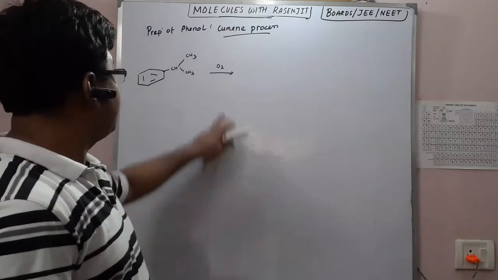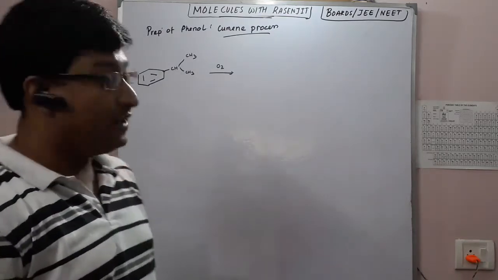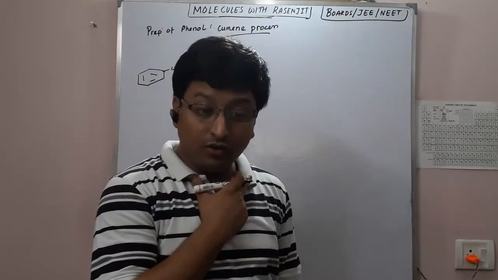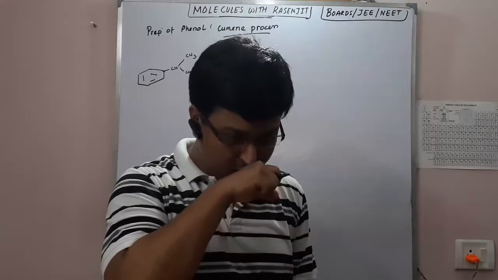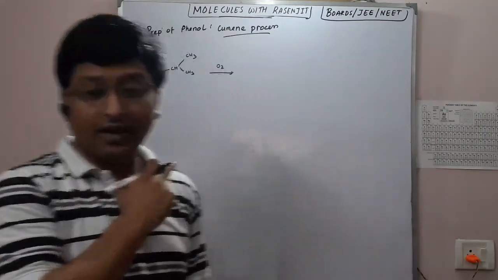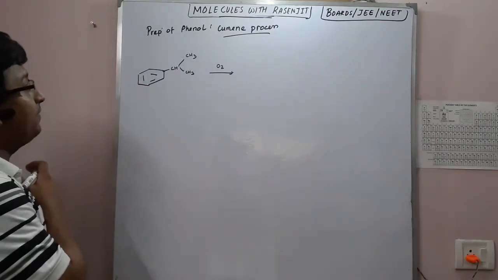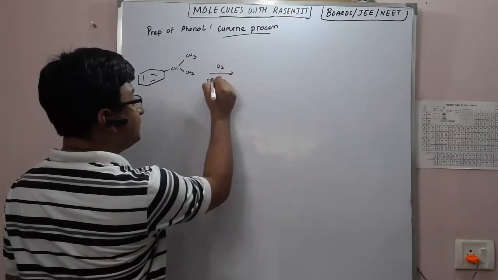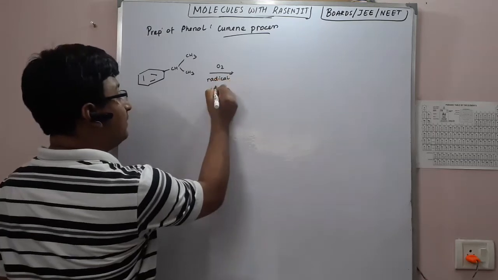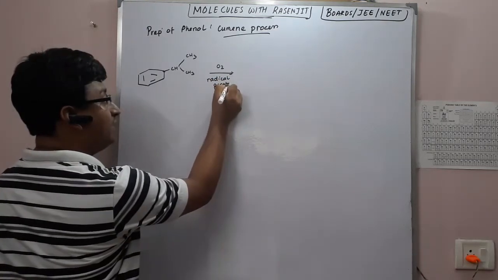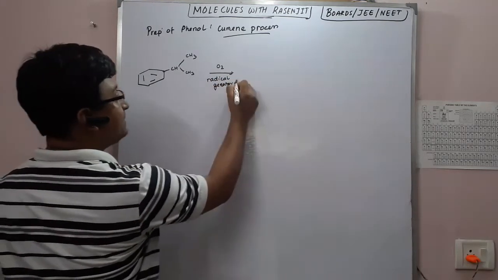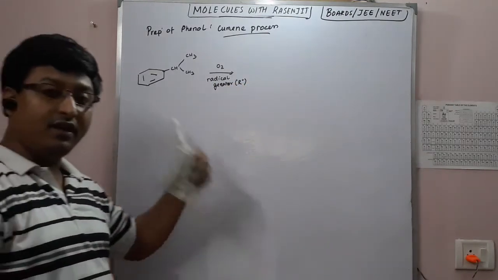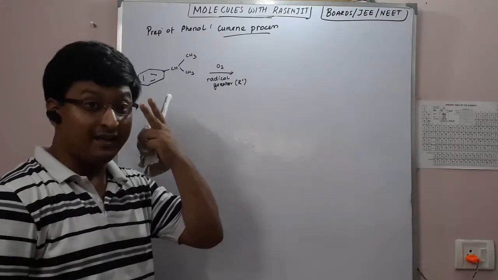But in presence of this oxygen, what will happen? You need a radical generator, let's say R dot. I am initiating this reaction with a radical generator.